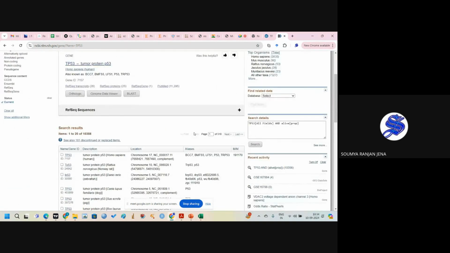And here it gives the location, that it is located on chromosome number 17, because this is the genome, the gene or DNA. This gives all the chromosome references where it is found: in Homo sapiens it is 17, in rat it is 10, in zebrafish it is chromosome 5. Everything you will find here, and the sequence of the genome, we can also find all the sequence of this TP53 gene.